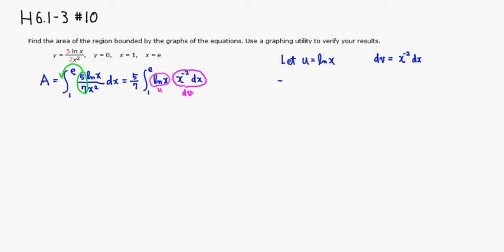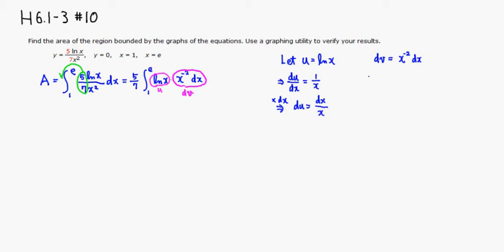Alright, then you can take the derivative of u with respect to x, which is going to be 1 over x. Then we can multiply through by dx to get du is equal to dx over x.